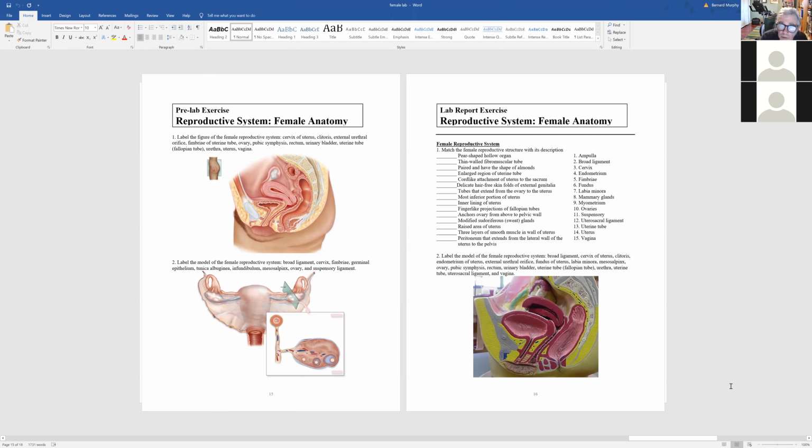So we're going to go top to bottom: 14, 15, 10, 1, 12, 7, 13, 3, 4, 5, and then one you can forget, suspensory, 11. Then 8, 6, 9, and 2.